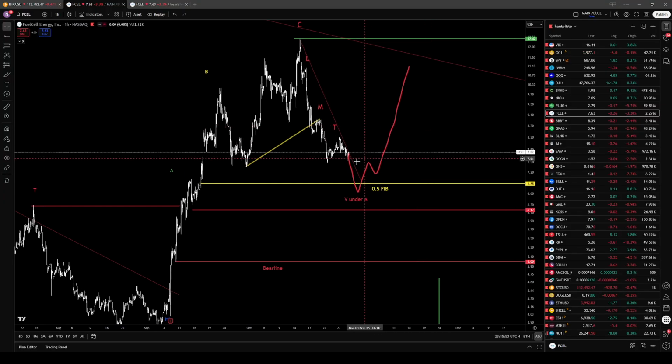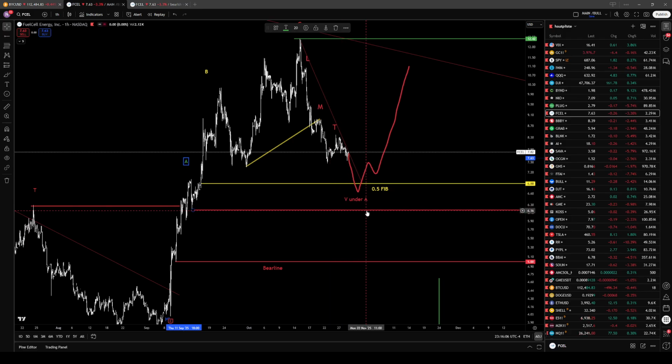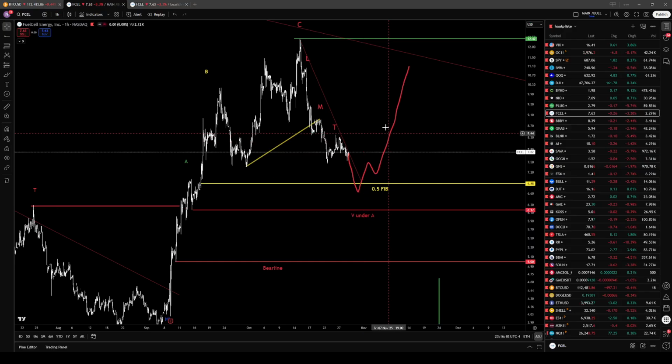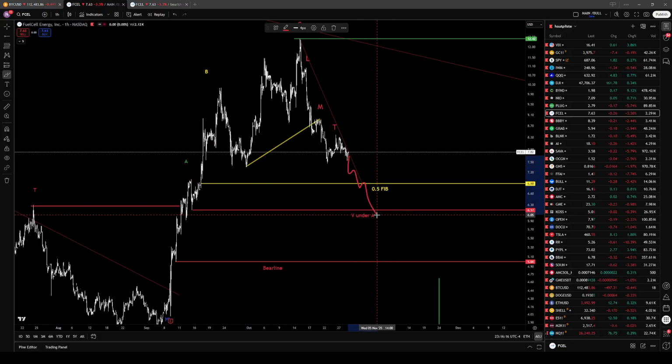Yeah, two versions. So first, we won't break this trend line here, and we will go to our V&A, which is here, and we will do something like that.